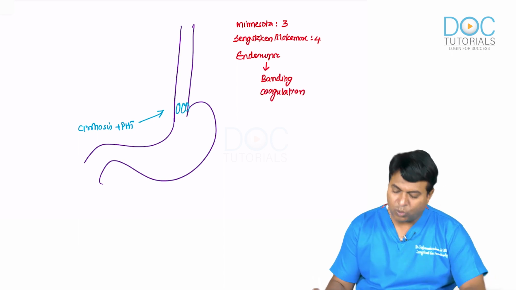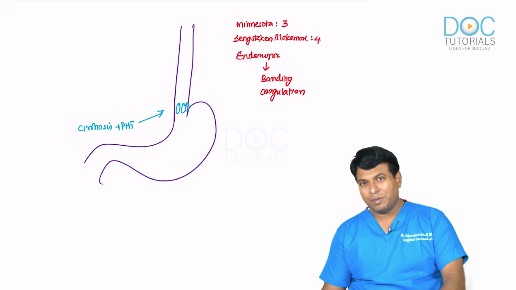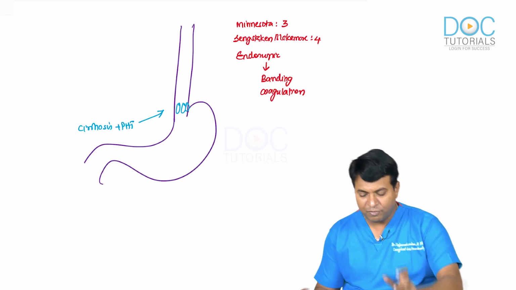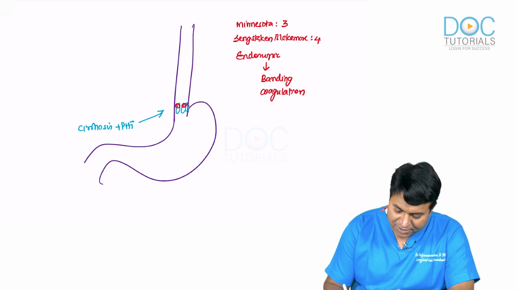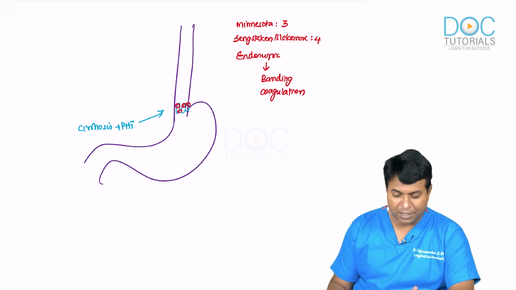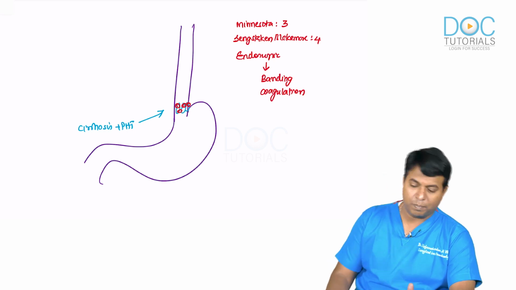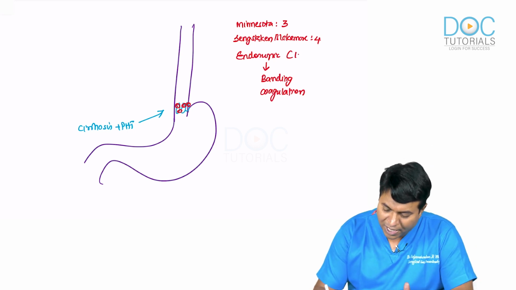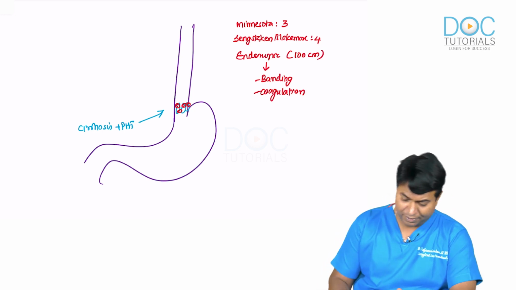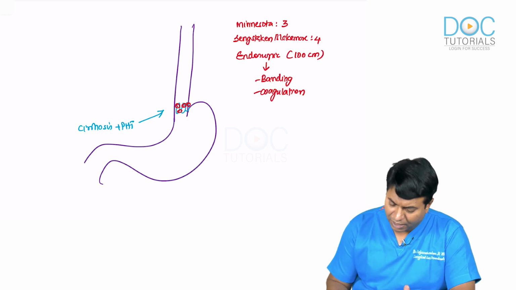Endoscopic banding and coagulation are the two methods used. In banding we have a special apparatus which will apply rubber bands onto the varices. I don't know whether any other scope is mentioned, but an endoscope will usually be 100 centimeters, and banding and coagulation can be done.